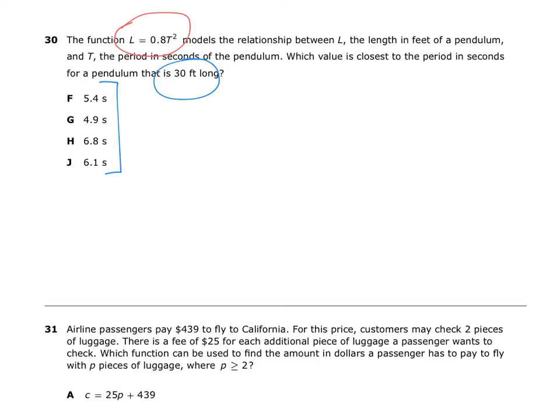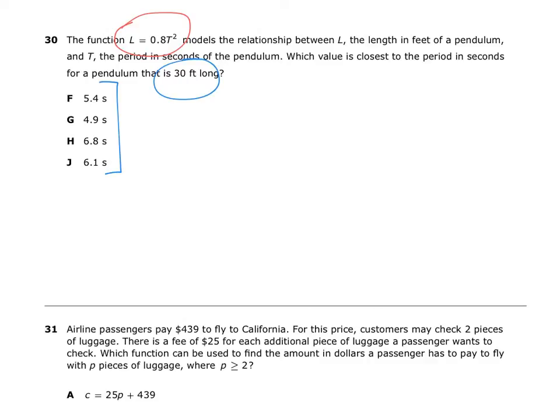So I'm going to trace a 5.4, and I get 23.32, not quite 30. Now trace 4.9. That one's 19, so it's getting smaller, so I really need something bigger than 5.4.